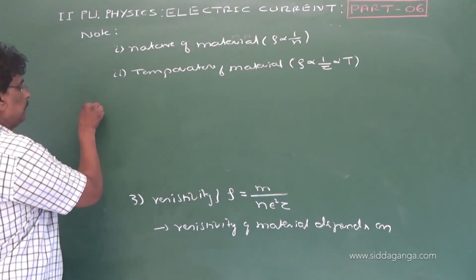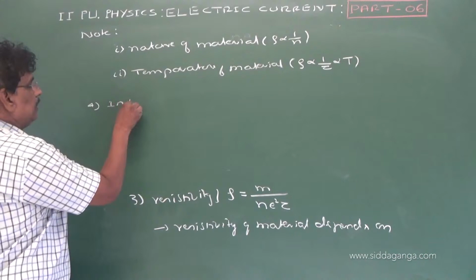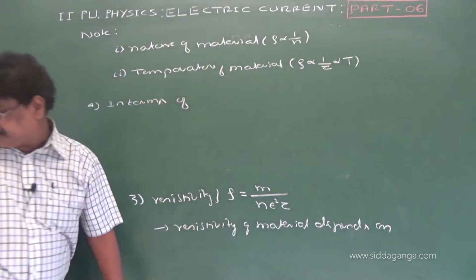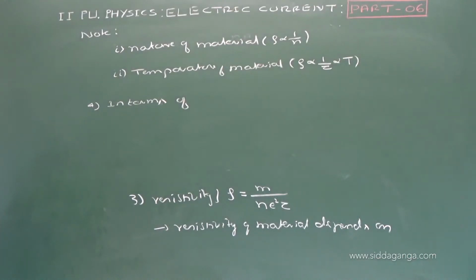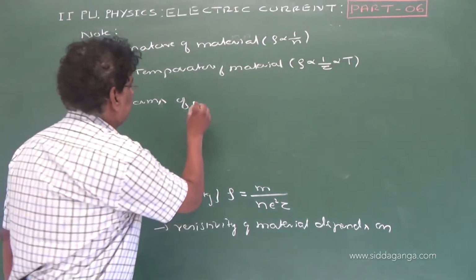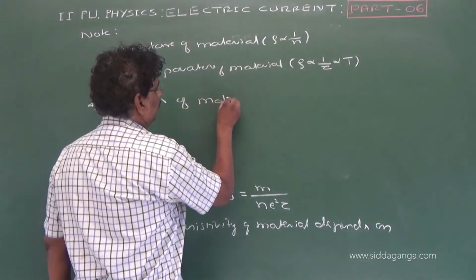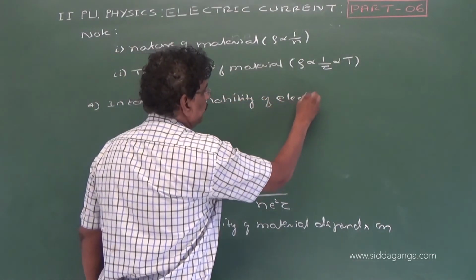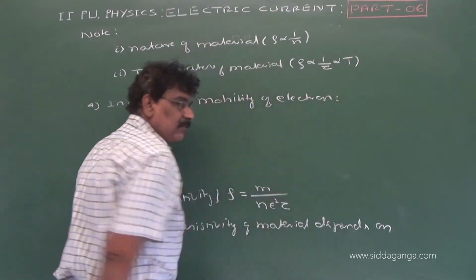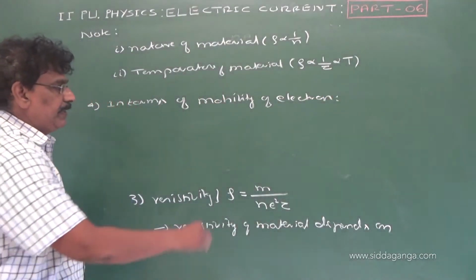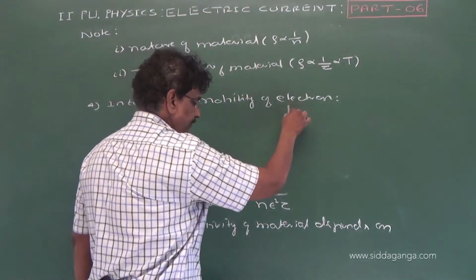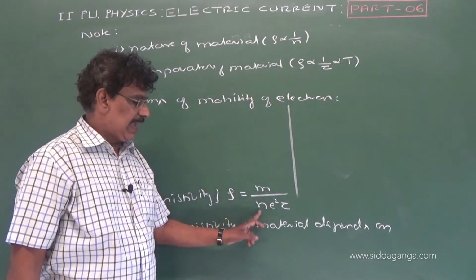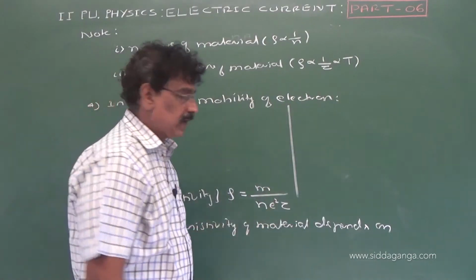Now, the fourth one, in terms of mobility of electron. We have ρ = m by n e² τ.